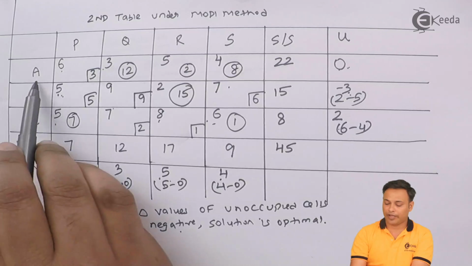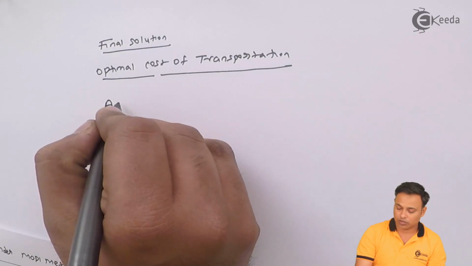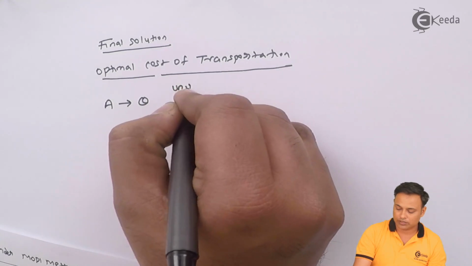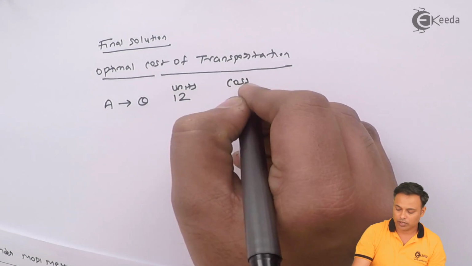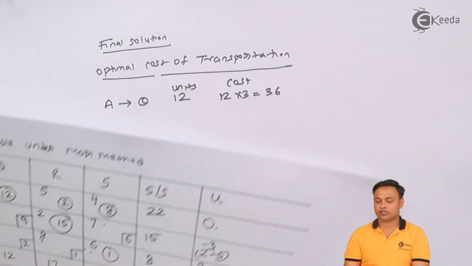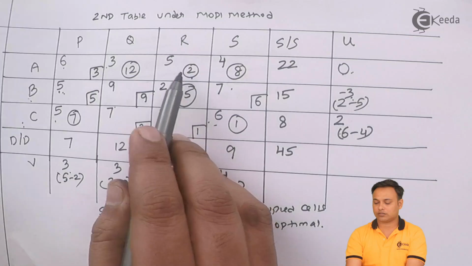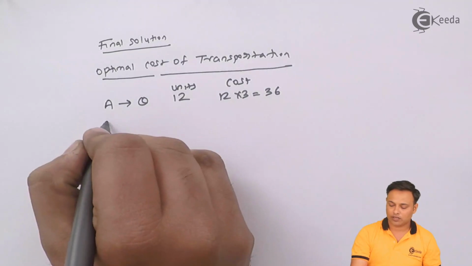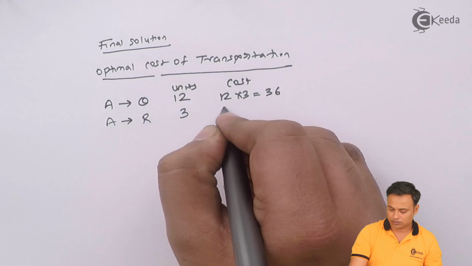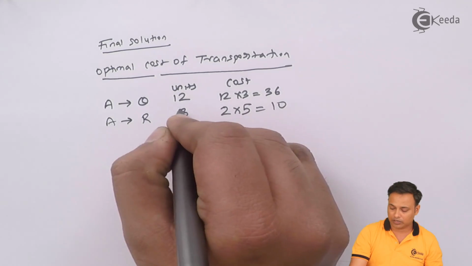We are transporting from A to Q 12 units at 3 rupees per unit. So A to Q 12 units and cost will be 12 into 3, 36. Then A to R 2 units, cost is 5, 2 into 5 it will be 10.